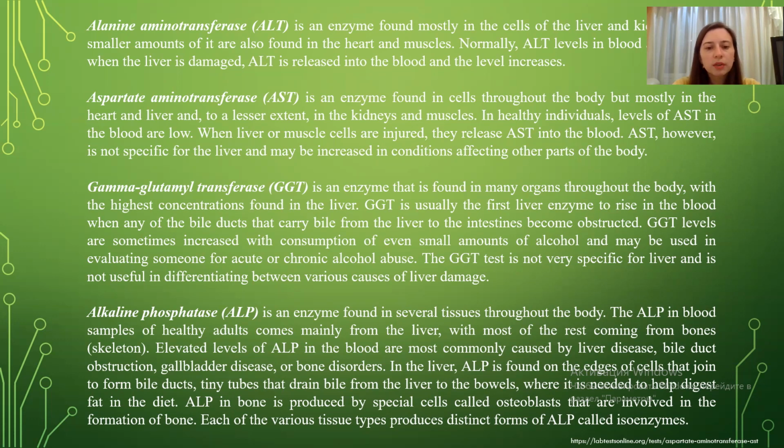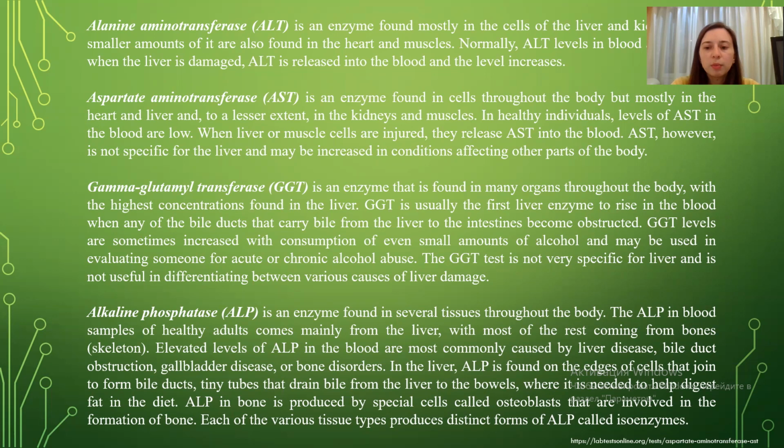Alkaline phosphatase is an enzyme found in tissues throughout the body. The ALP in a blood sample of healthy adults comes mainly from the liver, with most of the rest coming from bones. Elevated levels of ALP in the blood are most commonly caused by liver disease, bile duct obstruction, gallbladder disease, or bone disorders.